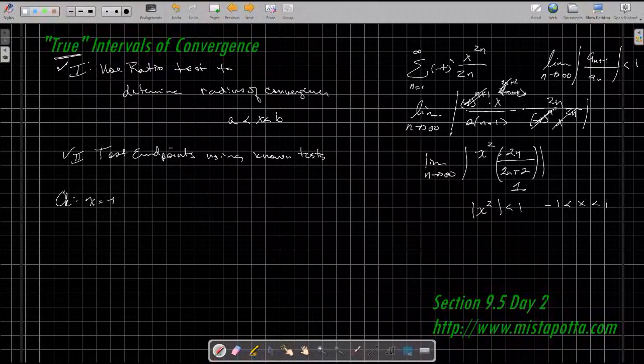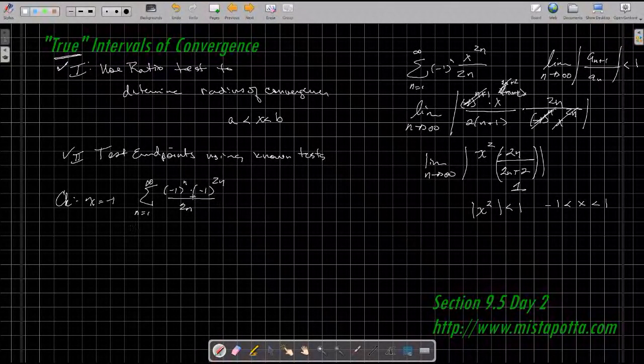So my series becomes the sum of -1 to the n times -1 to the 2n over 2n as n goes from 1 to infinity.